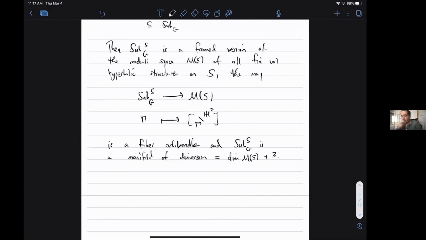So for each topological two orbifold, I can look at the space of all framed hyperbolic orbifolds homeomorphic to that, and that gives you a subset of G, which turns out to be a manifold of this dimension.